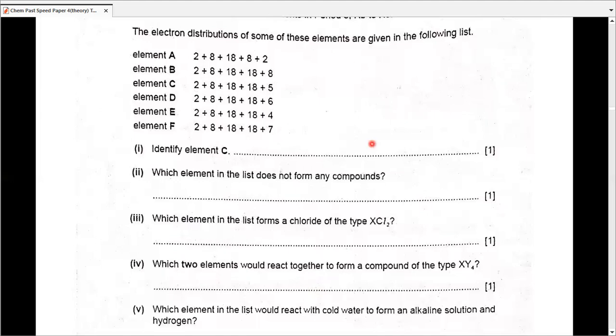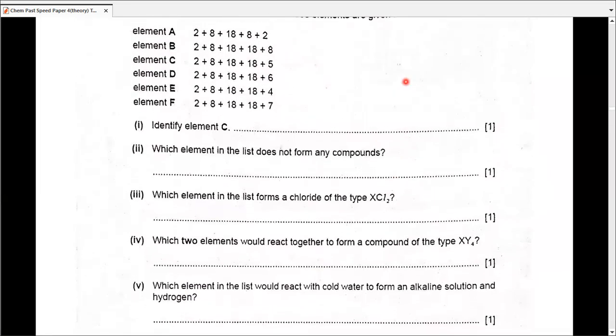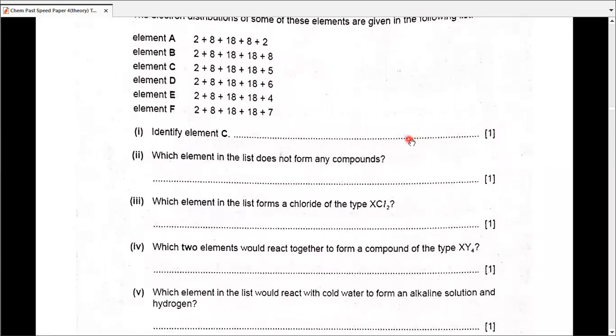Let's see what we have next. Which element in the list would react with cold water to form an alkaline solution and hydrogen?